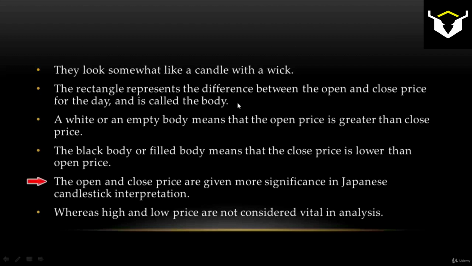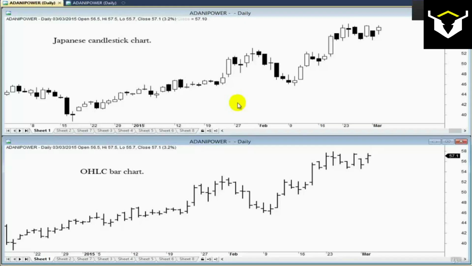The open and close price are given more significance in Japanese candlestick interpretation, whereas high and low price are not considered vital in analysis. Following is a daily chart of Adani Power.